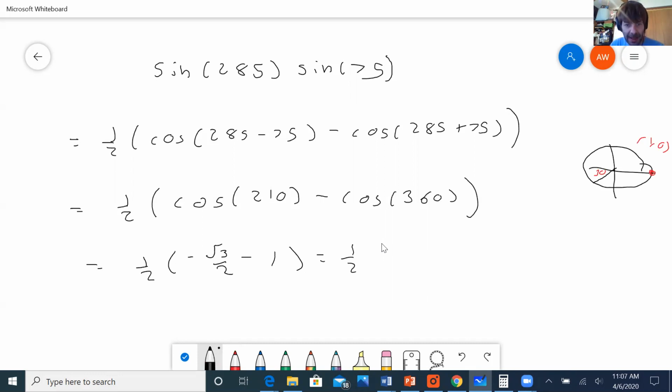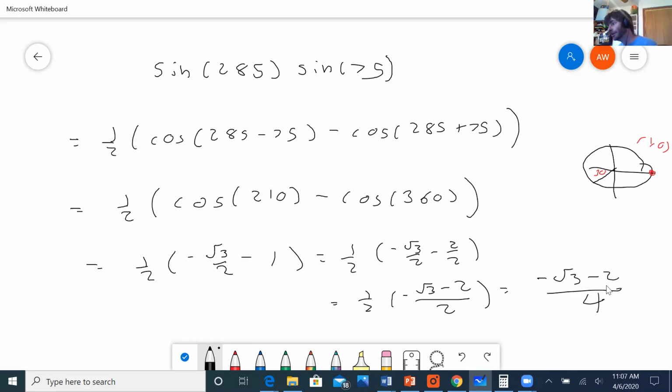So that's 1/2 times -√3 over 2 minus 2 over 2, so 1/2 times (-√3 minus 2) over 2, which is (-√3 minus 2) all over 4. Okay, just straight applying my identity.